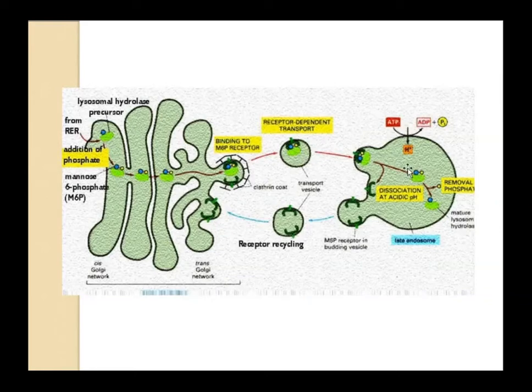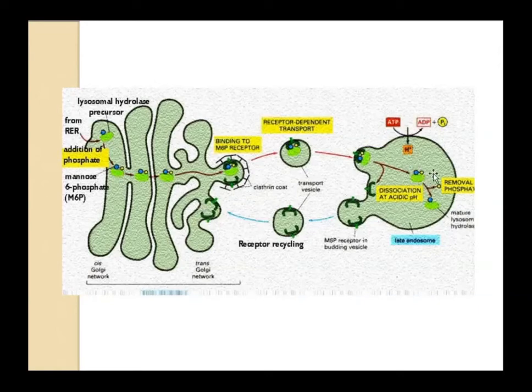Then it comes to the late endosome. It fuses with it, and in the acid environment of the late endosome, the receptors will dissociate from the mannose 6-phosphate groups, and the receptor will bud off in a vesicle and return. So the receptors return to the Golgi apparatus for reuse.